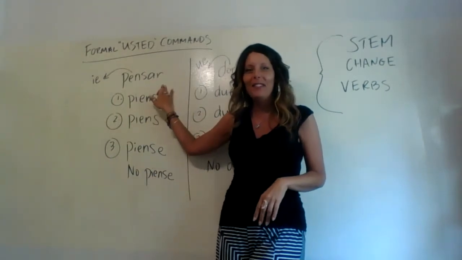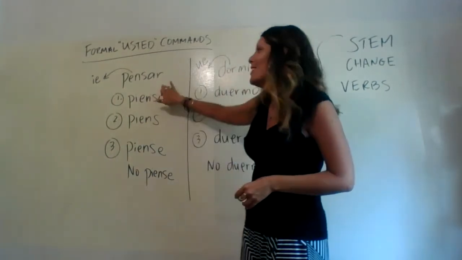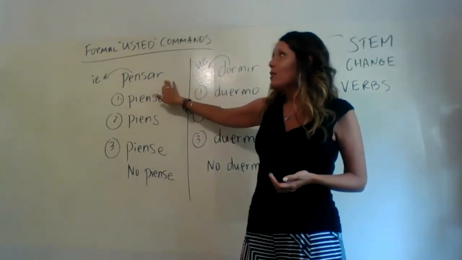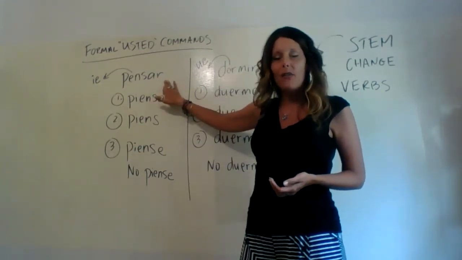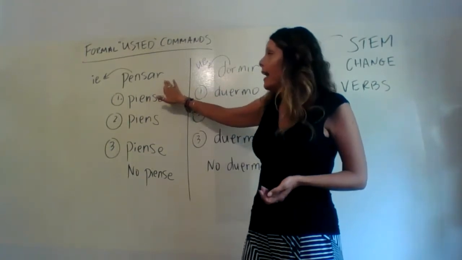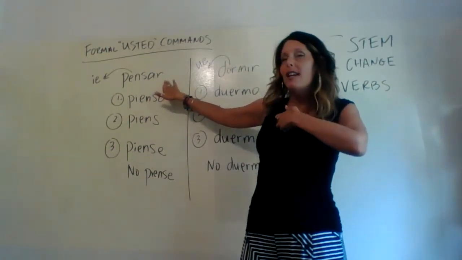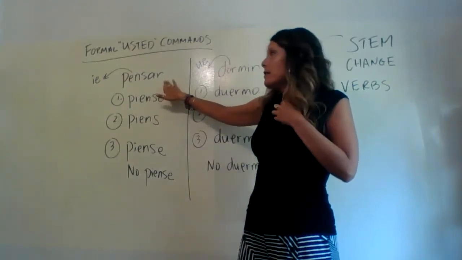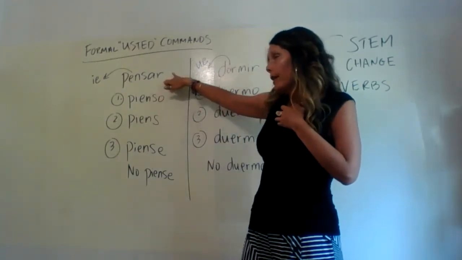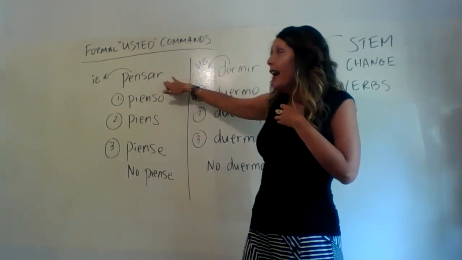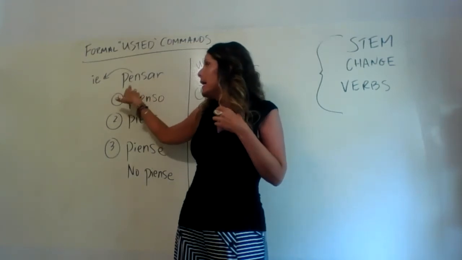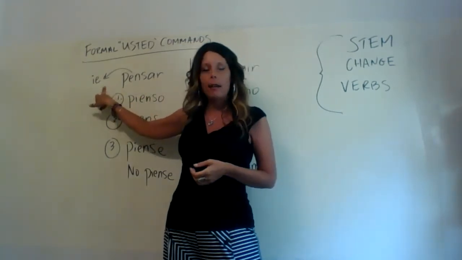Think about reviewing some stem change verbs so that you can be successful with this. So I want to give someone a formal usted command using the verb pensar, to think. And I need to have memorized that it is a stem change verb in order to be successful with this, and review it if I don't remember that. And then after that, I need to know what kind of stem change verb it is. So it is an E to IE stem change verb.